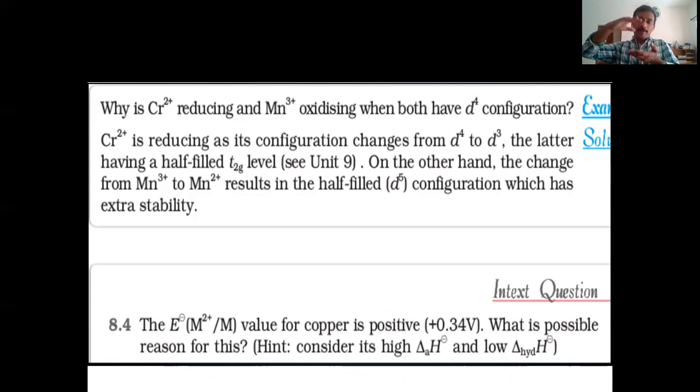So if it is d3 configuration, all the d orbitals in the lower energy state will have one unpaired electron, an exactly half-filled state. Therefore, in the case of chromium, d3 is a stable state. So it will give one electron and try to attain the d3 configuration. But in the case of manganese, if it gets one more electron, it will get a d5 configuration.